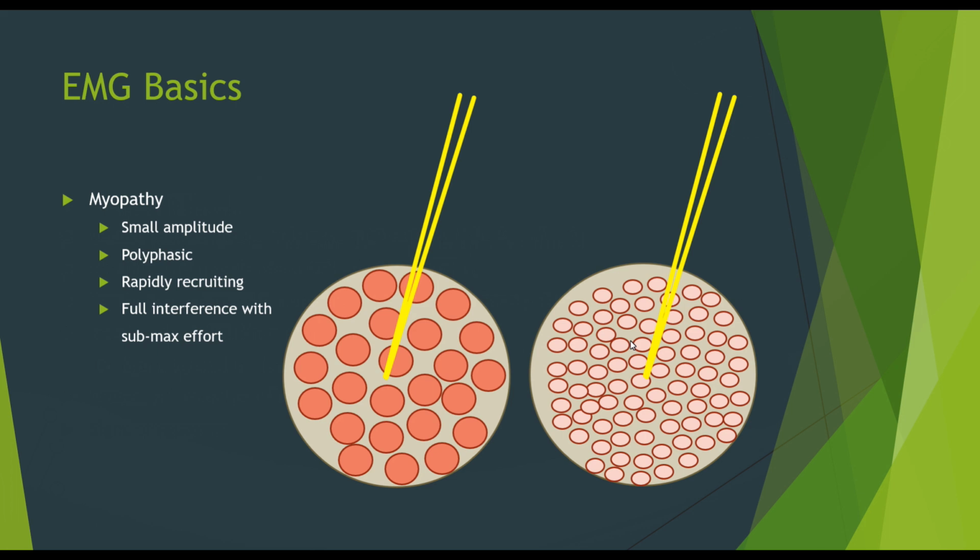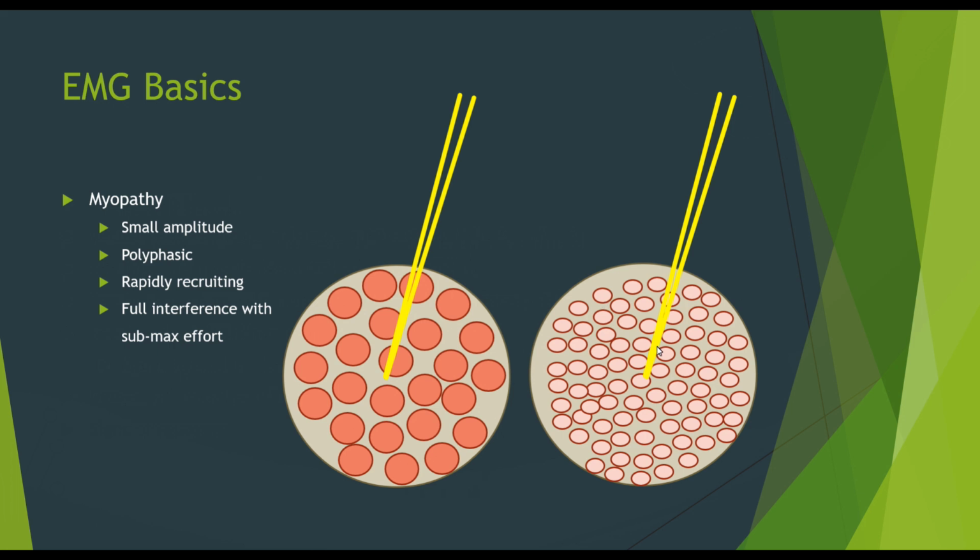The very fundamental for a myopathy is this: if this is the recording field that is open to a concentric needle electrode, there are a variety of different muscle fibres within that. As a muscle becomes sick with a myopathy, the individual muscle fibres shrink down, and therefore one has a small amplitude response out of them.